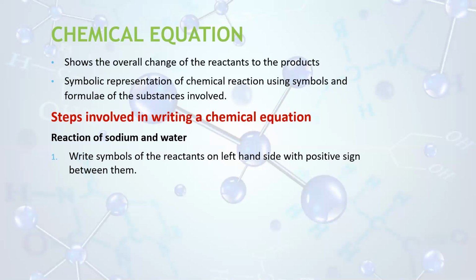What are the reactants here? Sodium and water. Now, we are going to write the symbols of sodium and water. Symbol of sodium is Na and for water is H2O. Now add a positive sign between them.